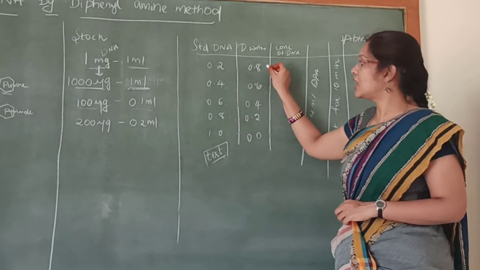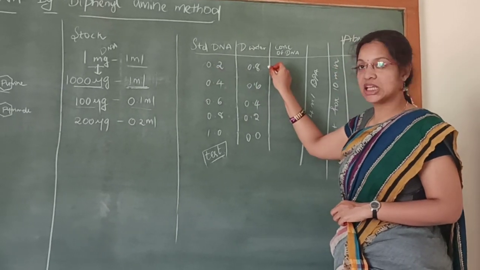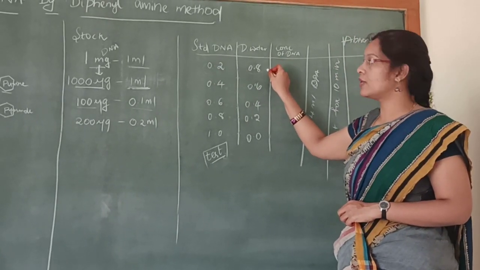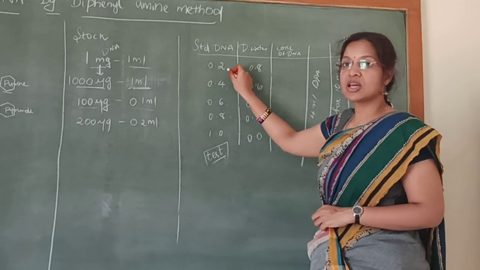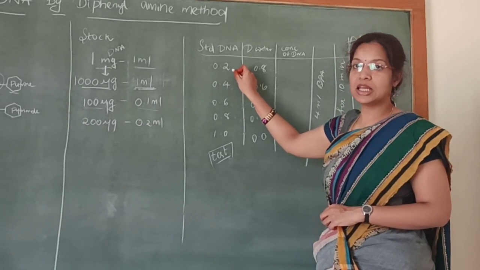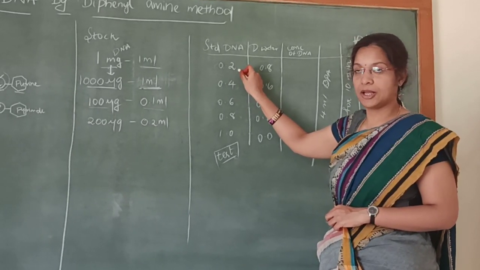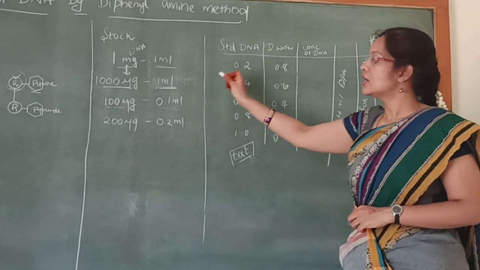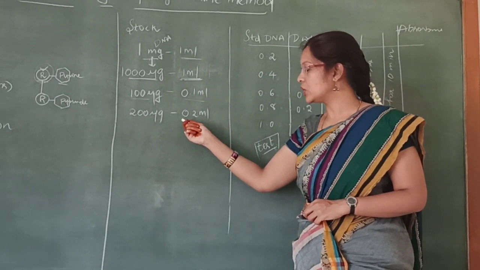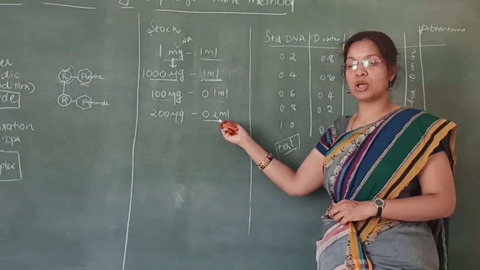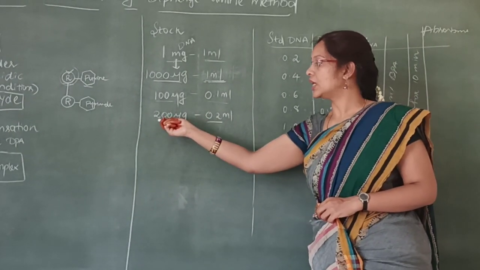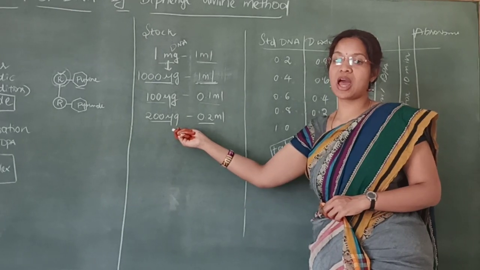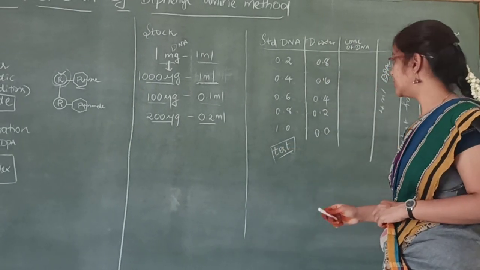Whatever DNA is present in this particular test tube is contributed only by your stock standard DNA solution which you have taken. Here you took 0.2 ml of standard DNA, which means you have calculated that 0.2 ml of standard DNA will contain 200 micrograms of DNA.